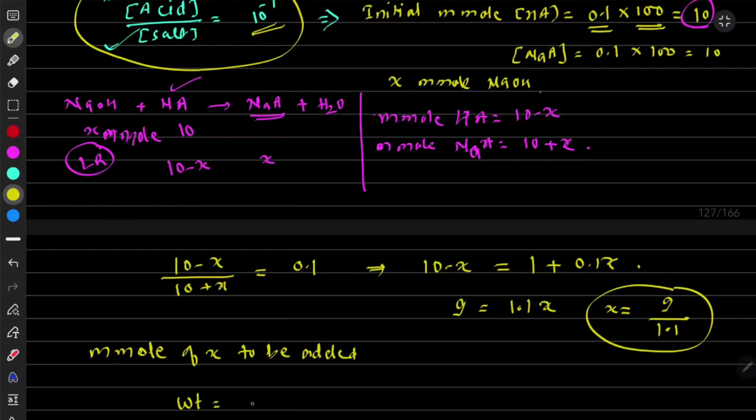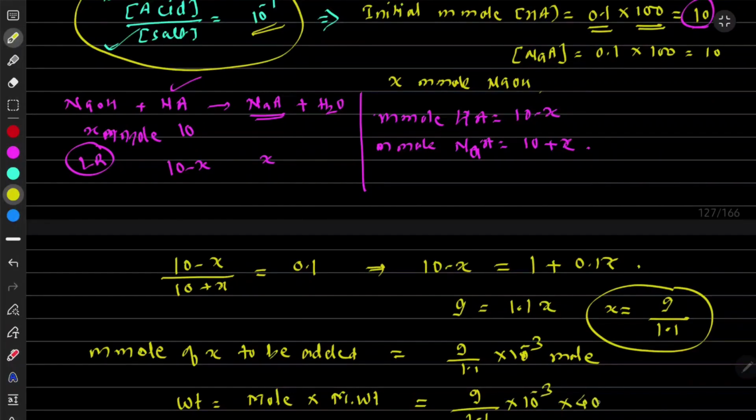Weight of NaOH will be equal to moles into molecular weight. So millimoles is given as 9 upon 1.1. If I multiply by 10 raised to minus 3, it will become moles. So this is 9 upon 1.1 into 10 raised to minus 3 into 40. If we calculate this, it comes to be 0.327.